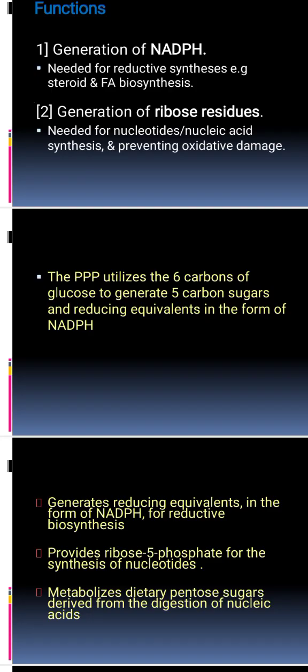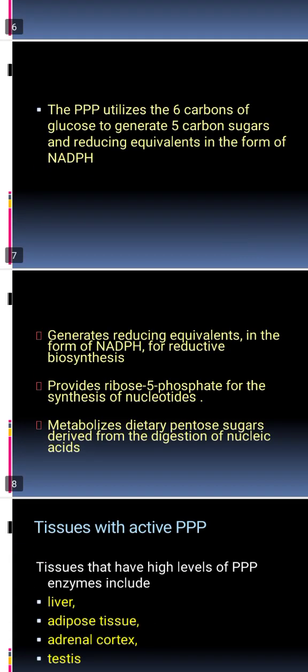The reducing equivalent that will be formed from the pentose phosphate pathway is actually NADPH. It won't be just a single one, okay? So it will generate reducing equivalents in the form of NADPH for reductive biosynthesis, and it will provide also ribose 5-phosphate for synthesis of nucleotides.